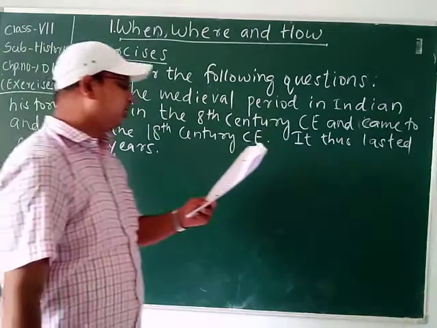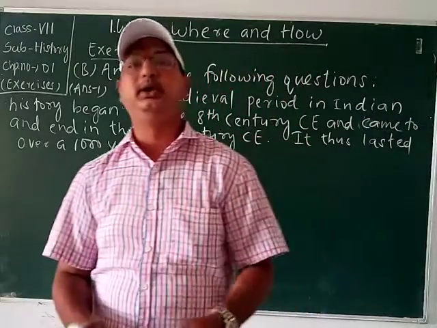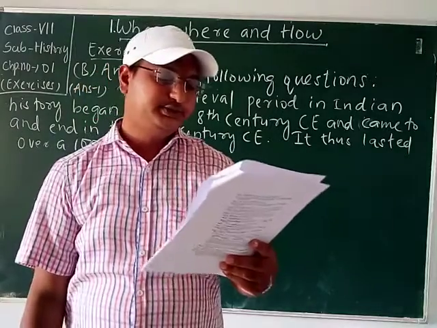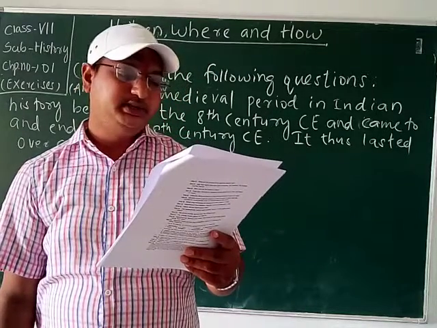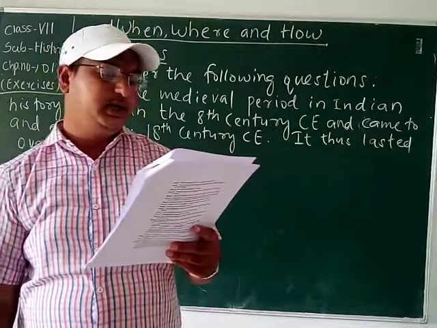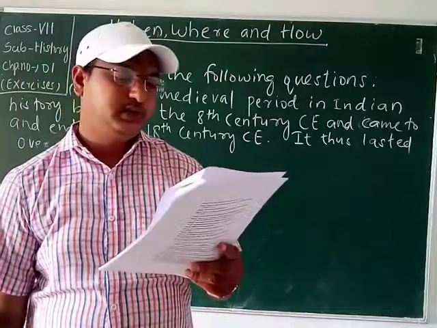Then the next one is, why do historians treat the 8th century as a turning point in India? I will explain why it is said. Historians treat the 8th century as a turning point in India because many important events or changes occurred at that time. So what were they?